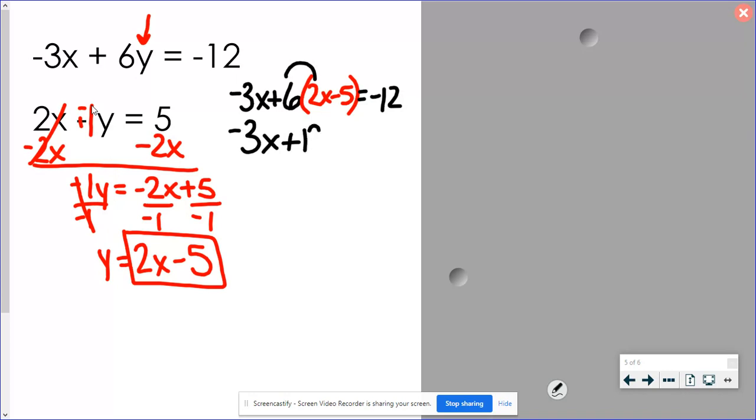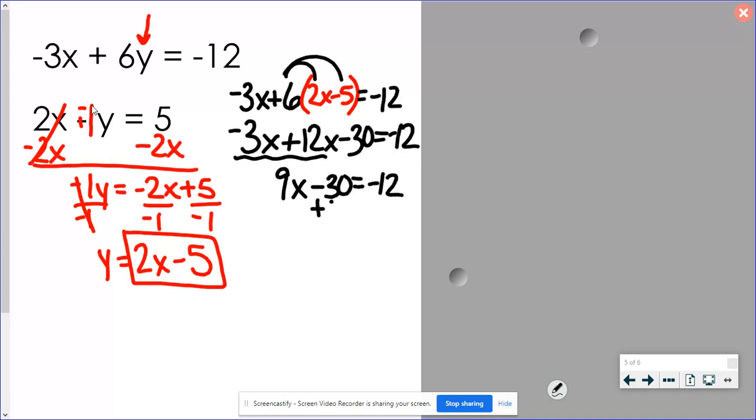Distributing, I'm going to get 12x minus 30. So these two together, -3 and positive 12 would be 9x. And then we would add the 30. Gives me 18.